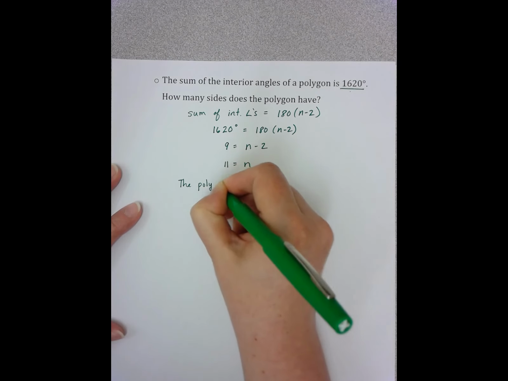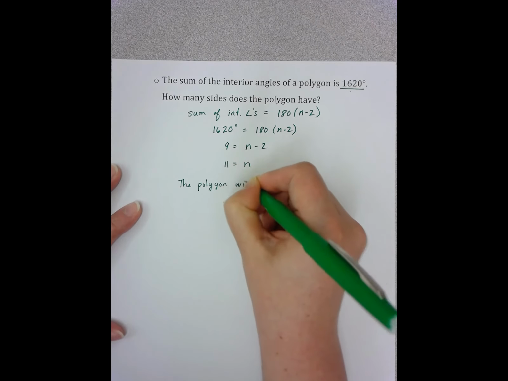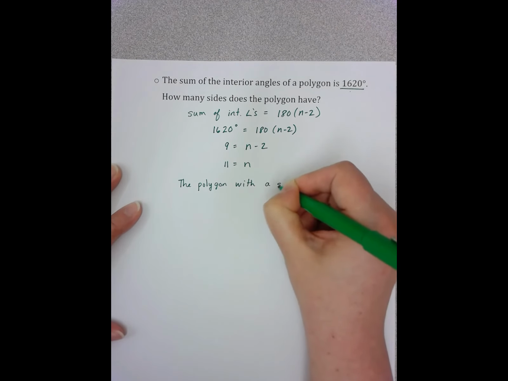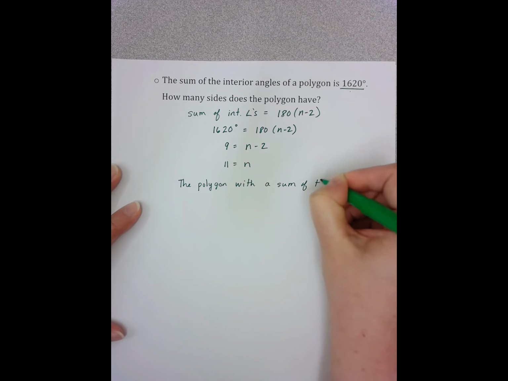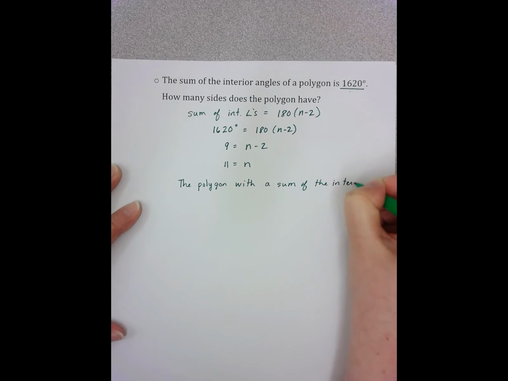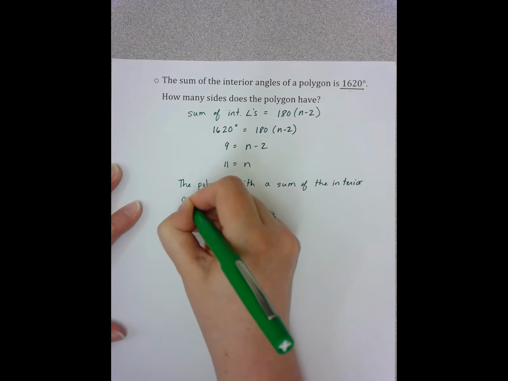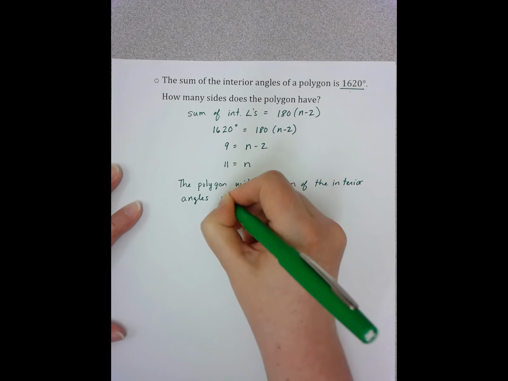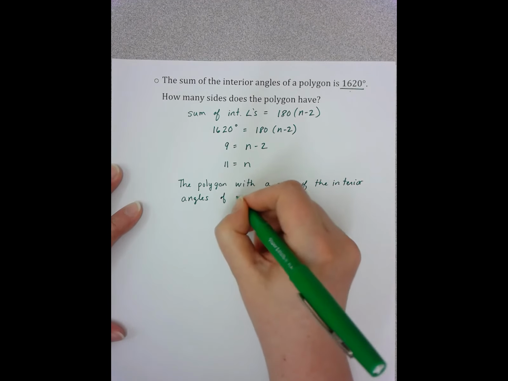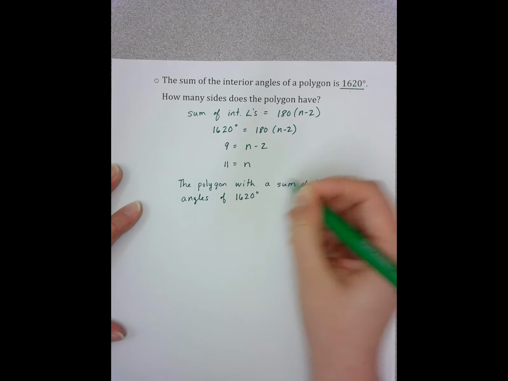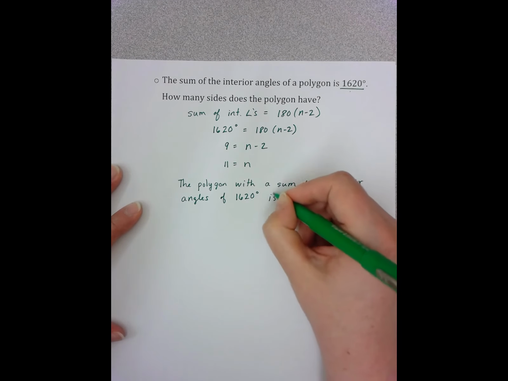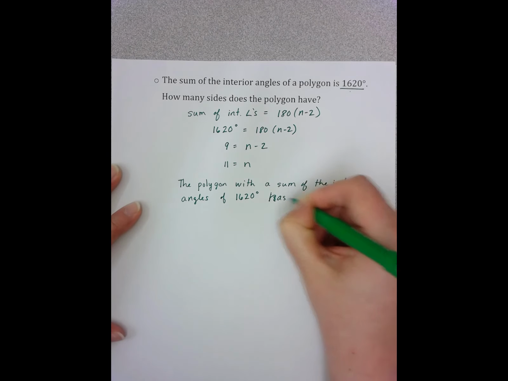The polygon with a sum of the interior angles of 1620 degrees has 11 sides.